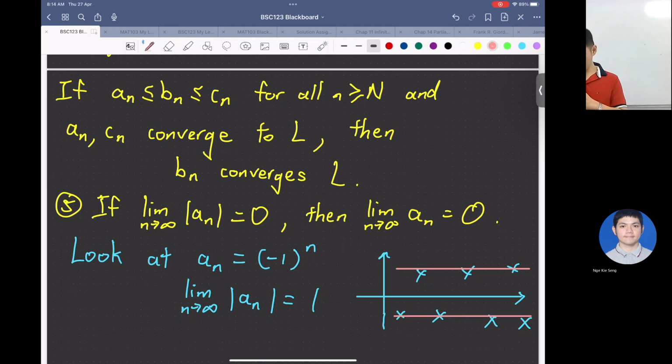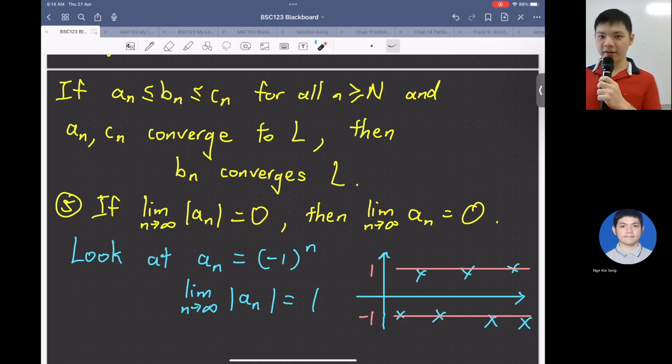But the original sequence doesn't have a limit, doesn't converge. So you cannot simply change this 0 to any non-zero number. Okay, I think we got enough.